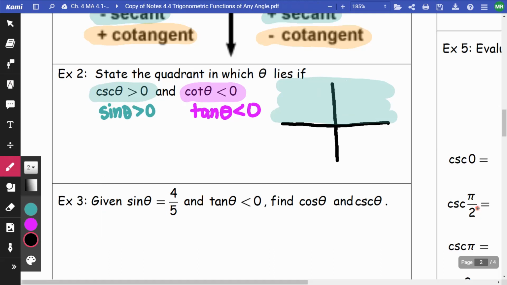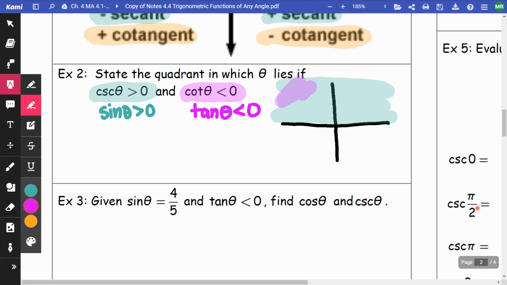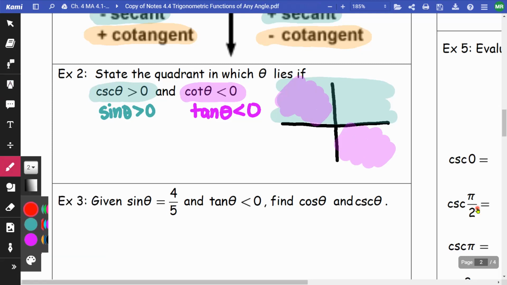So that's where my x and y are going to have different signs. So in this quadrant here and in this quadrant here, my cotangent and my tangent are both negative. So where do I have both shadings? I have both shadings right here in quadrant 2. That's where that angle has to be. That is the only quadrant that will satisfy my cosecant being positive and my cotangent being negative at the same time.